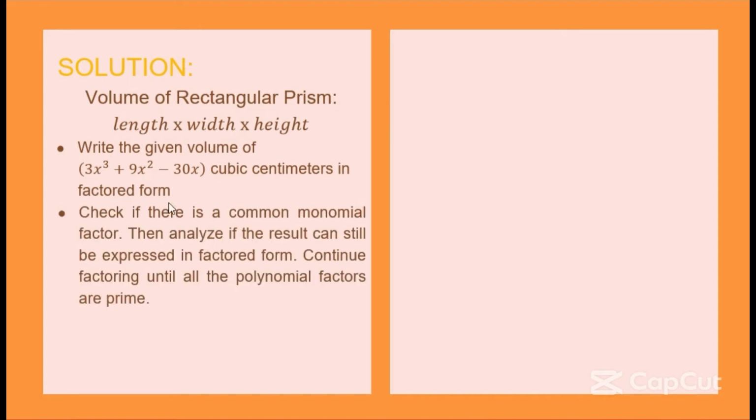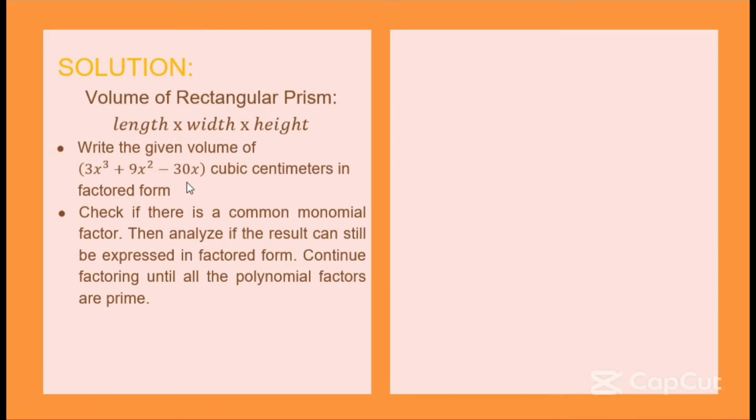Ipa-factor out natin sila. Una, i-check natin kung meron common monomial factor. Pag na-check natin yon, i-analyze natin yung magiging result kung pwede pa siyang i-express in factored form. And then, continue the factoring process until the polynomial factors are prime, or wala nang factor kundi siya at yung 1.